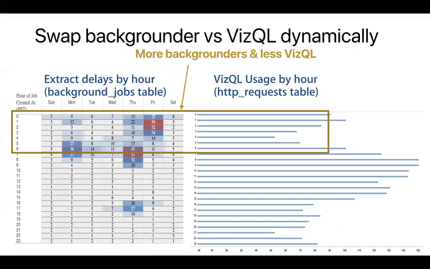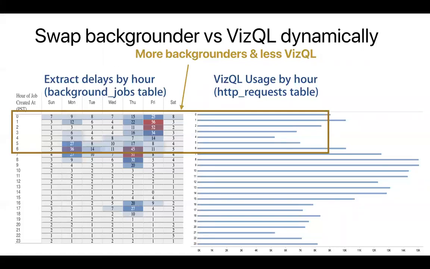So how do you identify which hours should change, basically how do you know your usage pattern for both VizQL and backgrounders? It's really simple. On the left side are your extract delays by hour, you can tell. You can also go by number of extracts by hour. Just query your backgrounder jobs table, and you can find all your backgrounder task details.